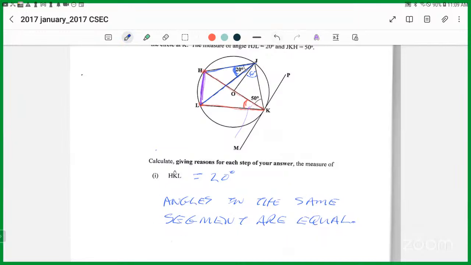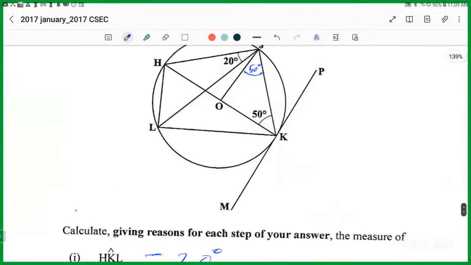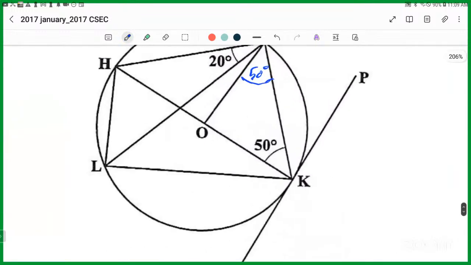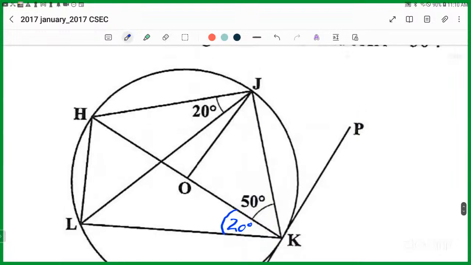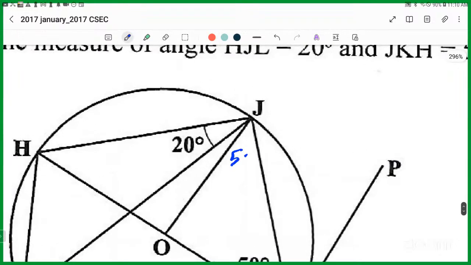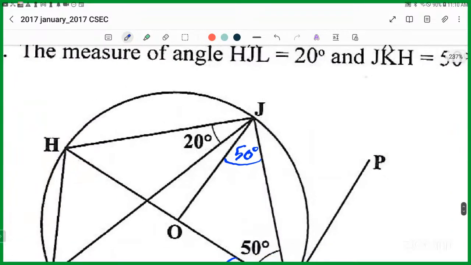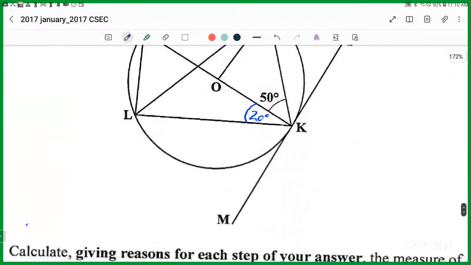They give you the marks for just writing that, because those two angles are subtended by the same chord or by the same arc. So the angle is 20 degrees. And remember, as you find the angle, you put it on the diagram, so it will help you to find other angles. So this angle right here is 20 degrees.